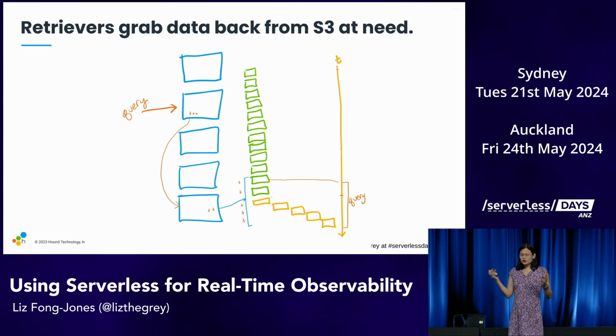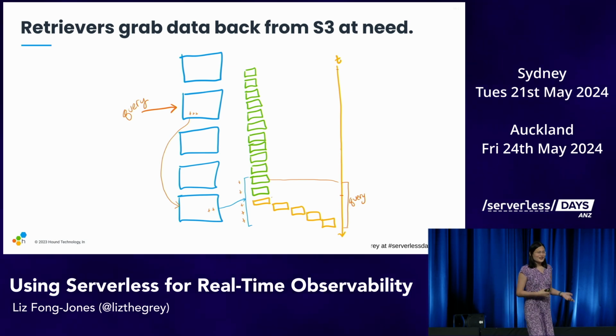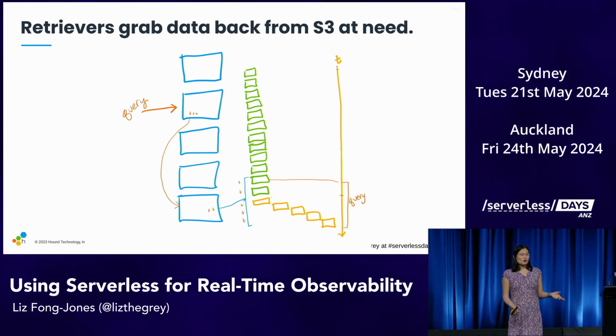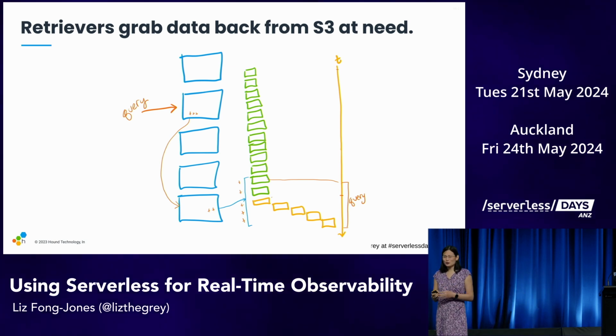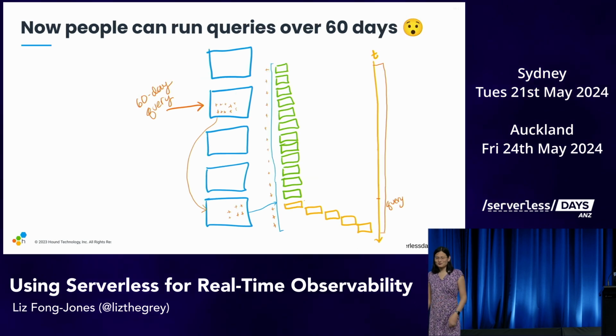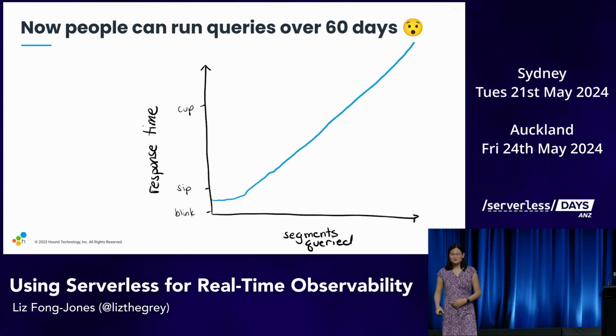Sure, I can issue a query for the past 30 days of data, and the individual host that originally tiered that data onto S3 can fetch it back, process it, grind through it, and generate a result. But it's fundamentally limited by the fact that the machine only has a set number of cores. Maybe it has 8 cores, maybe 16, but it definitely does not have enough cores to process 60 days of data in a reasonable time frame. So, yay, people can run queries over 60 days, but it's painfully slow.